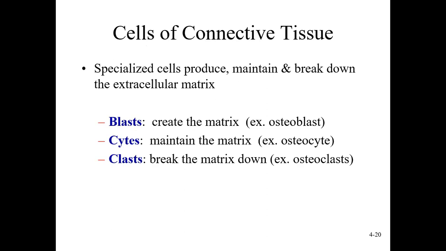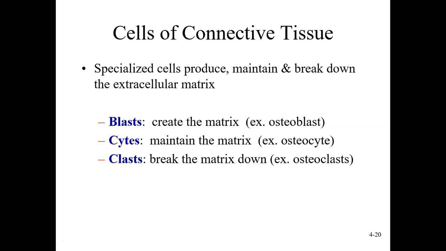A lot of times students remember it because B stands for build, or building the matrix, creating the matrix. And so an osteoblast, for example, osteo, the prefix there, refers to bone. An osteoblast is a cell inside of your bones that's responsible for making or building the bone matrix.